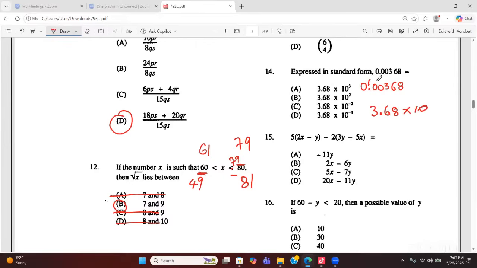You're going 1, 2, 3. We're hopping 3 times, so this is going to be a 3. And as you could see, going from left to right, this is a negative number. So it is 3.68 times 10 to the -3. So the answer is D.